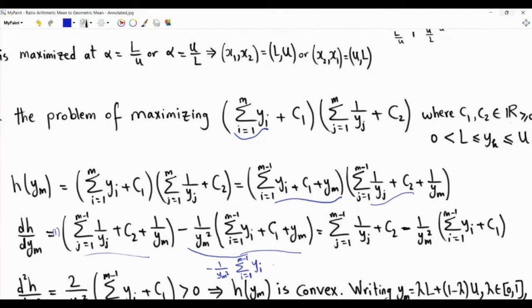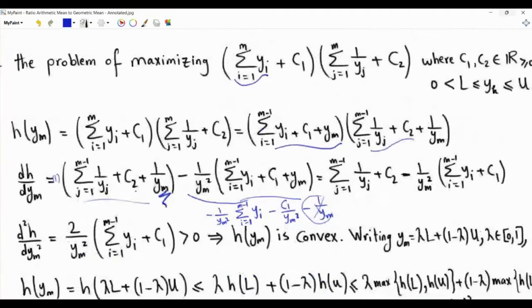Then we get minus c1 over ym squared, and then we have -1 over ym squared times ym, that's -1 over ym, and this term will cancel with this term here. The survivors are the sum of the reciprocals, j from 1 to m minus 1, then we have the constant c2, then we have -1 over ym squared times these two terms, the sum of the y's, i from 1 to m minus 1, and c1. That's the first derivative.